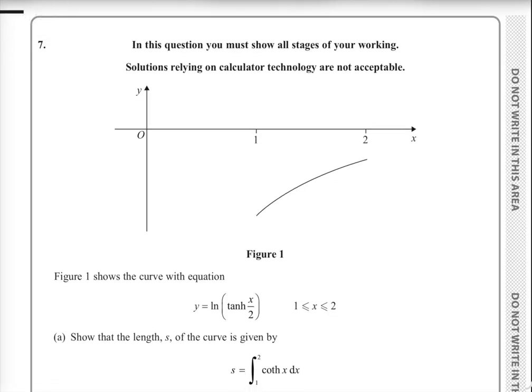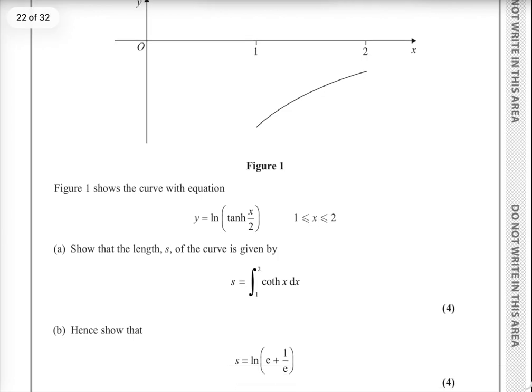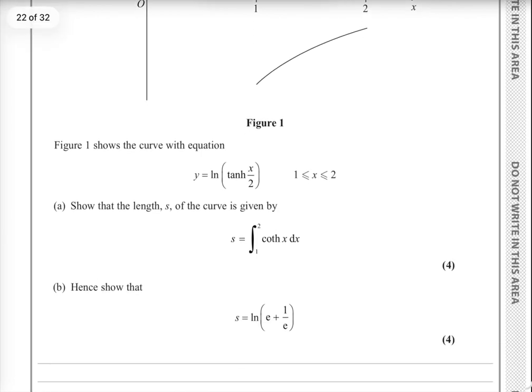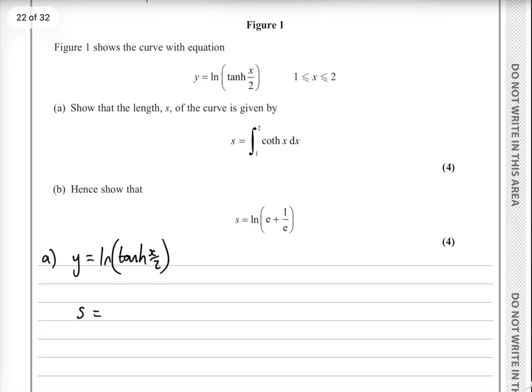Question 7. Figure 1 shows the curve with the equation y equals log of tanh x over 2. Show that the length s of the curve is given by a fairly simple integral. Okay, we're differentiating, so we've got y is equal to log of tangent x over 2, and I say we're differentiating because of the formula for the arc length.